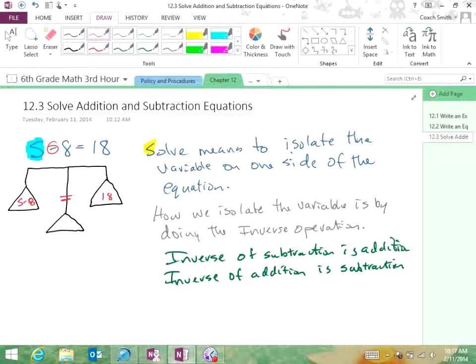Okay, so how can I get this S by itself? What could I do to that side of the scale mathematically to get the S by itself and take that minus 8 away? Zach?